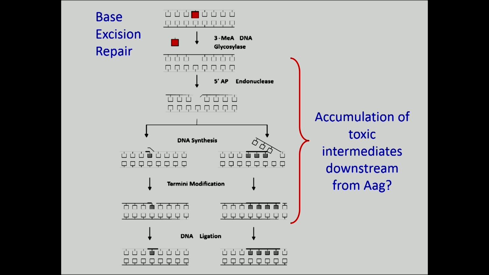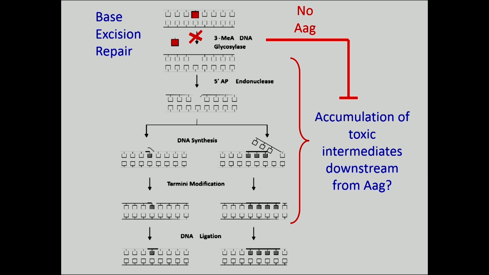So what is our model? Why do we think this is happening? We set out, and I think we've shown pretty conclusively now, that what's happening is that in certain cell types, not all, but certain cell types, if you initiate base excision repair but cannot get through to the last step of DNA ligation, you're accumulating toxic intermediates, these strand breaks in DNA that are signaling the cells to go into death.